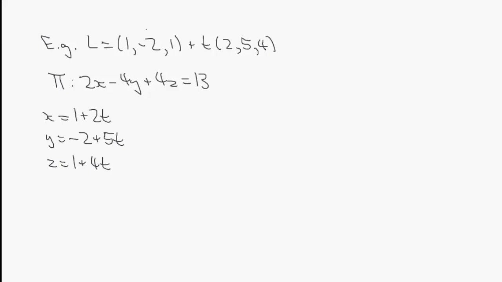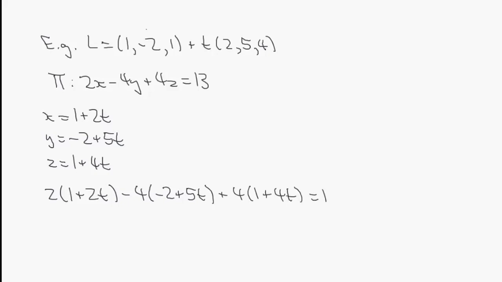Knowing these values, we can once again put them into the main equation, the equation of the plane, basically. So 2 times 1 plus 2t minus 4 times 2 plus 5t plus 4 times 1 plus 4t equals to 13.